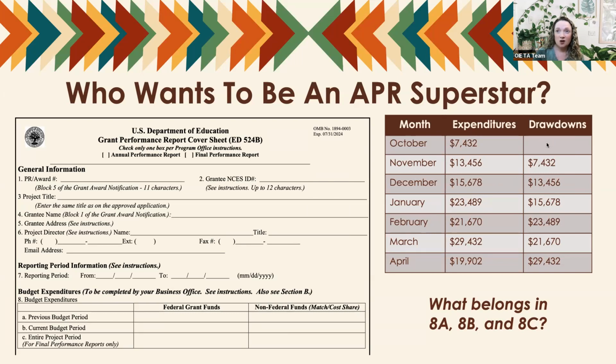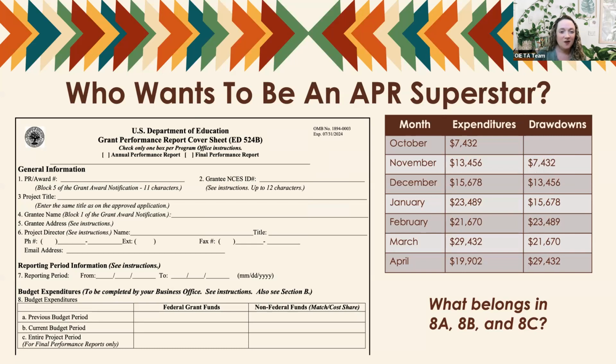So we didn't do any drawdowns in October. We're going to include our November ones, our December ones, our January ones, our February ones, and our March ones. But our reporting period ends at the end of March. So we're not including those April ones. So it's just these 5 drawdowns that should be included, which totals that 111,000 amount. Good mathing.